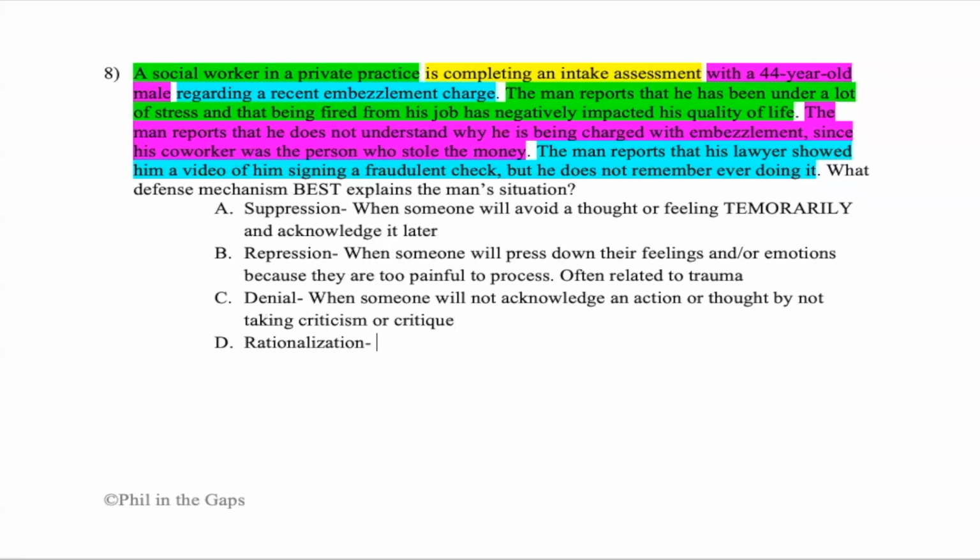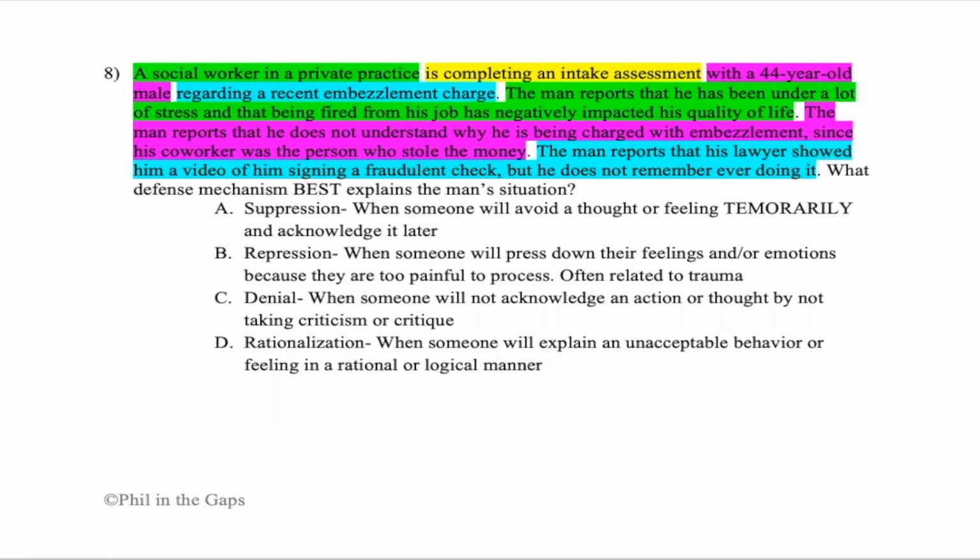D, rationalization is when someone will explain an unacceptable behavior or feeling in a rational or logical manner. So let's look back at the question to see what we're looking at in particular.